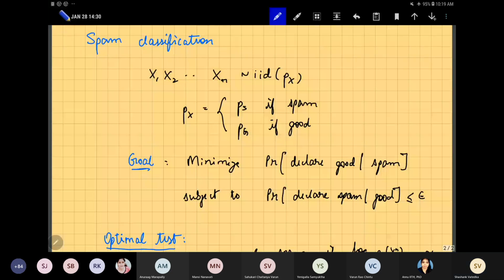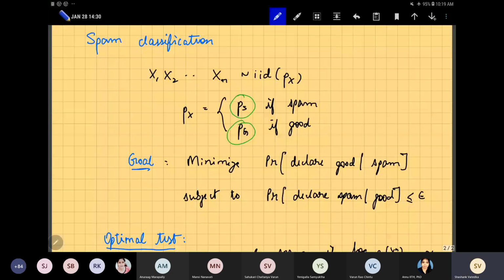So that's fine. Now, depending on whether this is spam or not spam, the distribution of the email could be different. The statistics of the email are going to vary depending on whether the email is spam or a good email. I'll say that x1 through xn is distributed according to PS if it is really a spam email, and it's distributed according to PG if it's a good email. So PS is the spam distribution and PG is the good distribution.